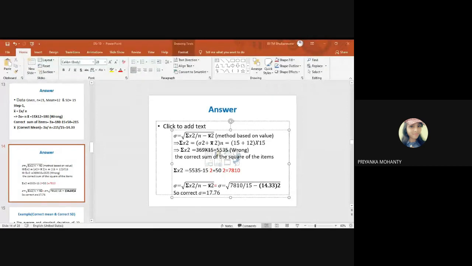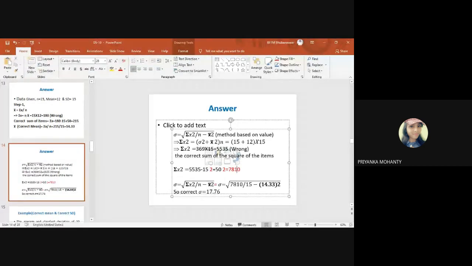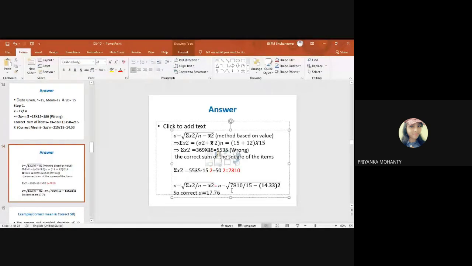If someone is calculating the value, it is not 9. First, 7810 divided by 15. What is the value?